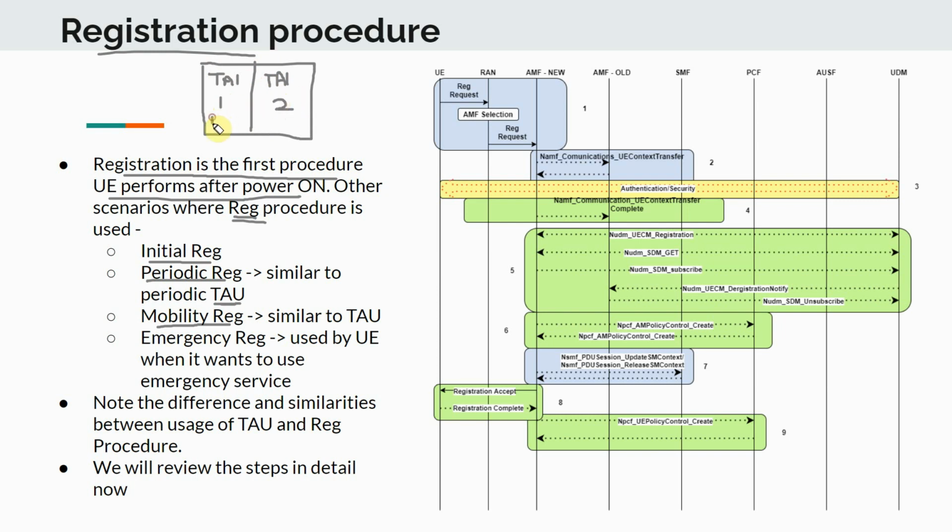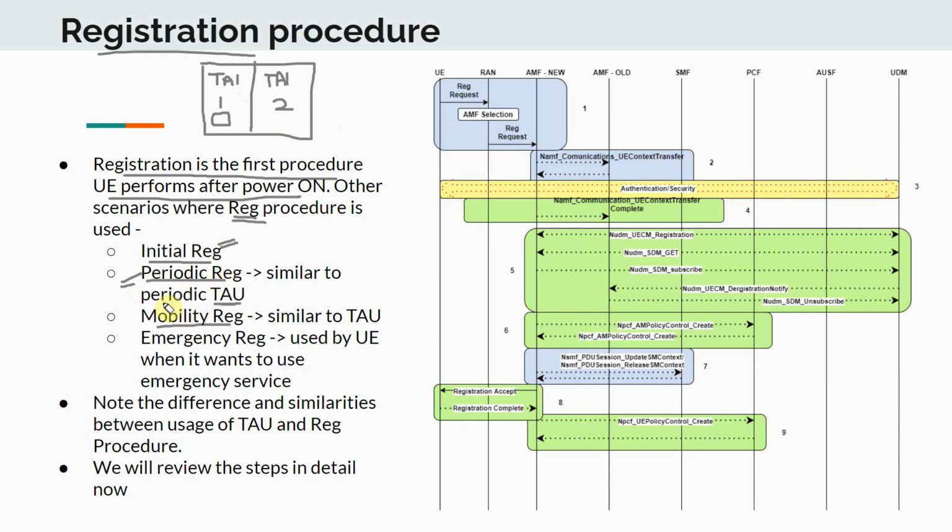If a UE is in tracking area identifier one, after a given amount of time, a timer given by the AMF to this UE as part of the initial registration, the UE is required to periodically update and perform the registration process.